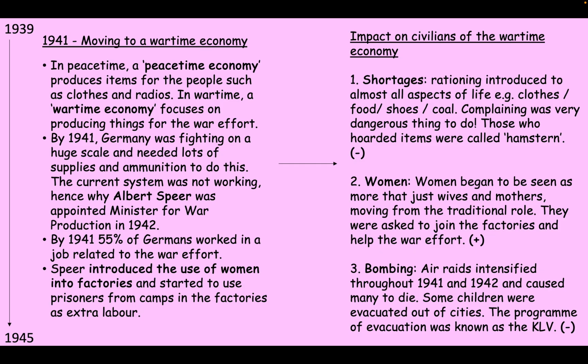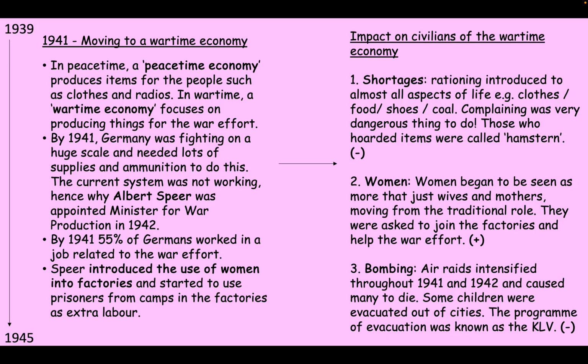In 1941, the Nazis move from a peacetime economy to a wartime economy. So a peacetime economy is all about producing things that people need. So clothes or radios or curtains, for example. Things that people need that are used for everyday life.